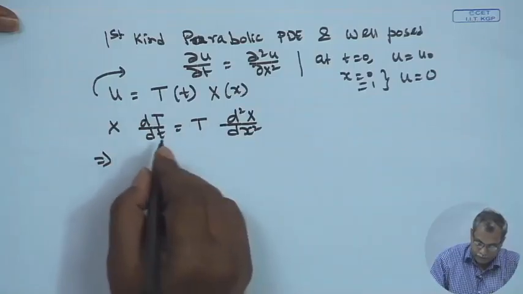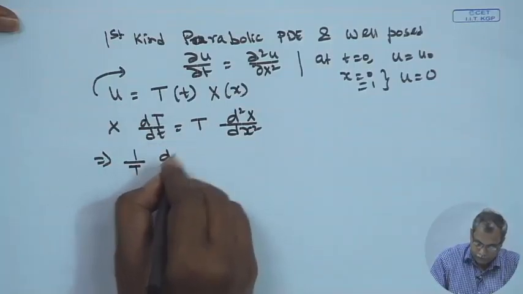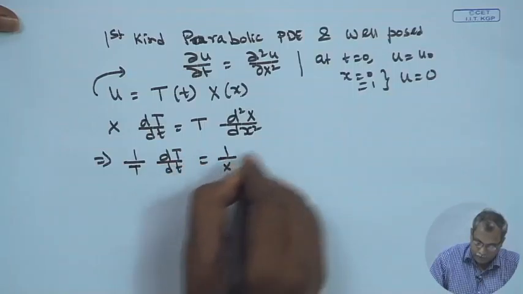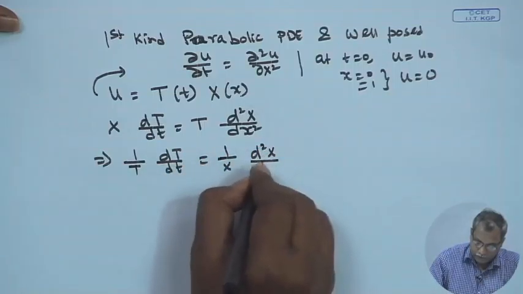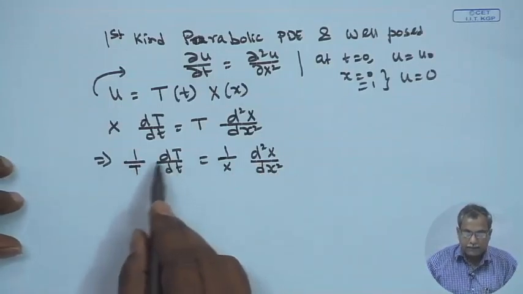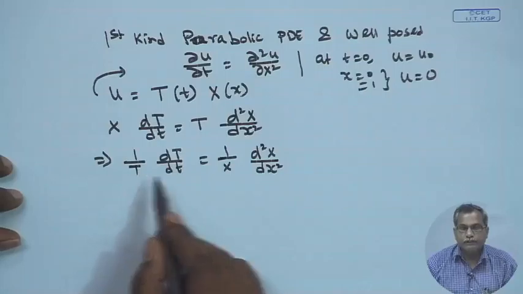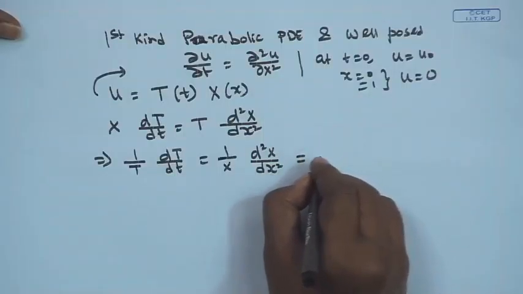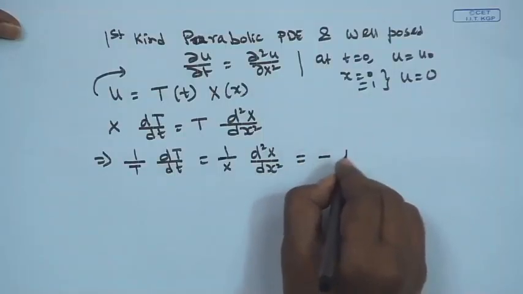If you divide by X T, this becomes 1 over T dT dt is equal to 1 over X d square X dx square. Now the left hand side is a function of time only, the right hand side is a function of space only, and they are equal. Therefore, they will be equal to some constant, and this constant can be positive, negative, or 0.